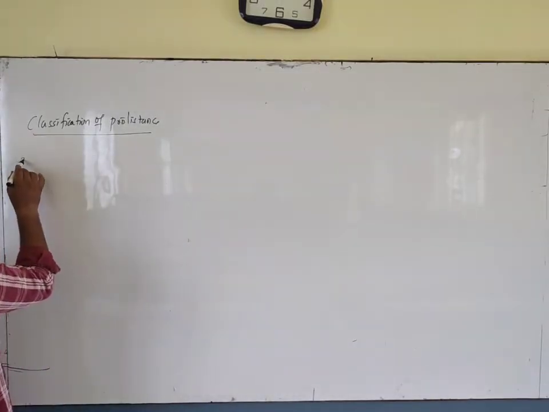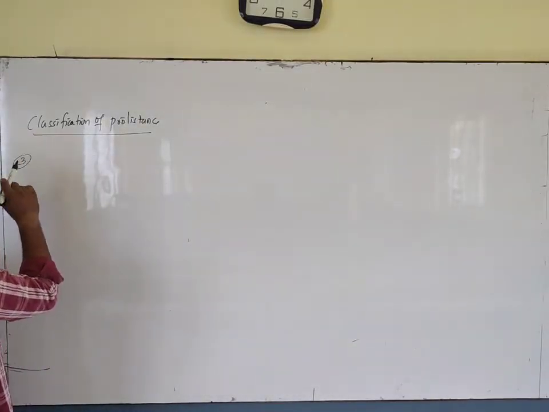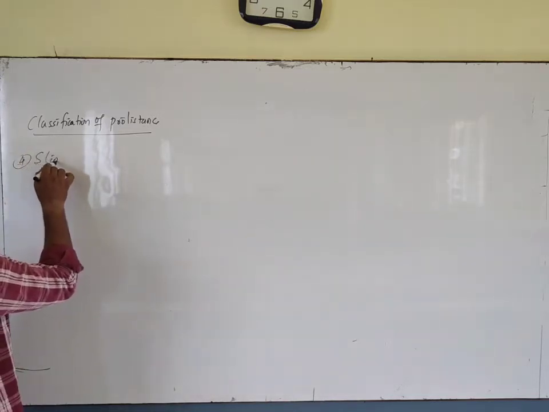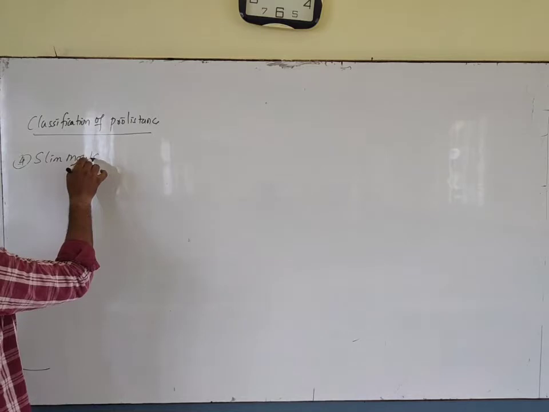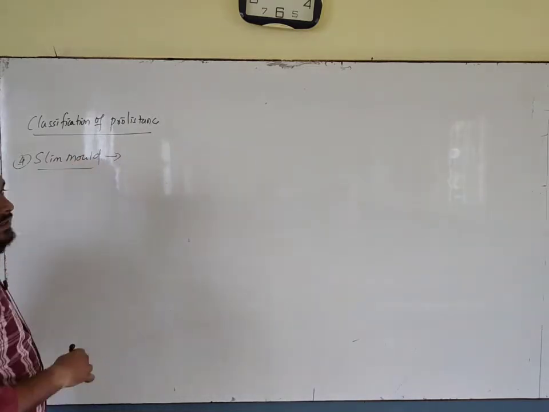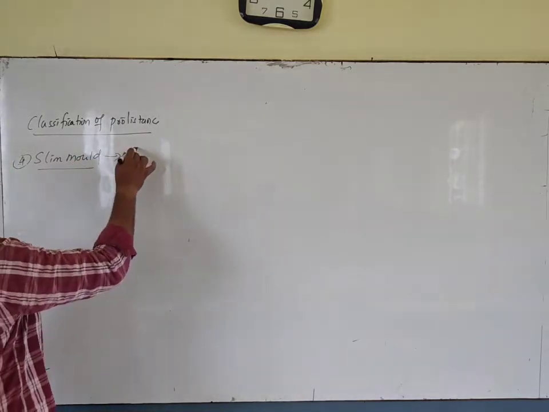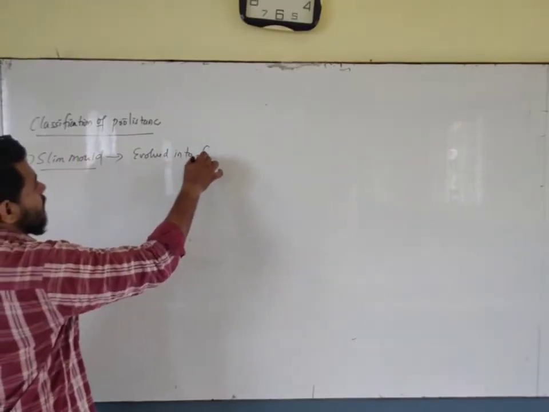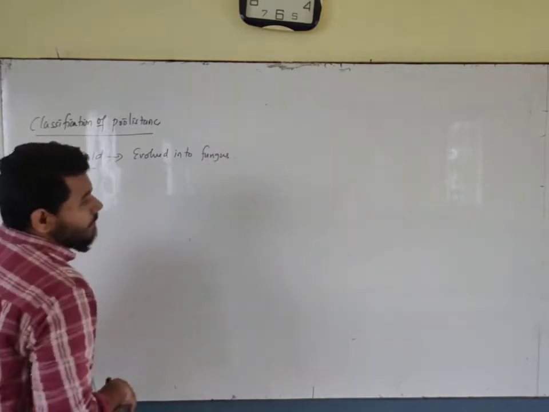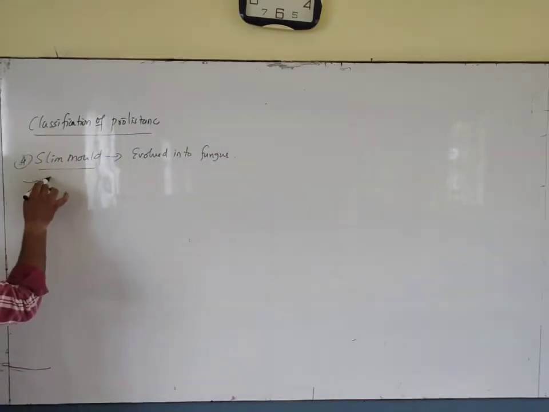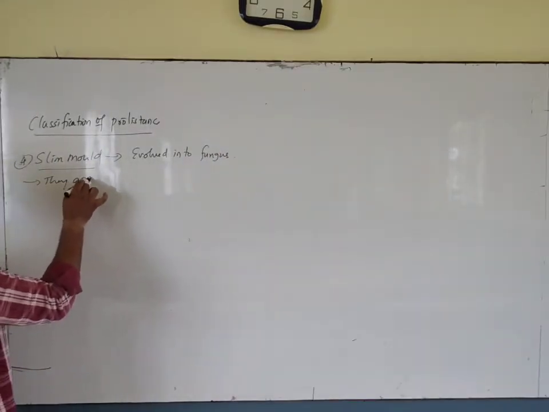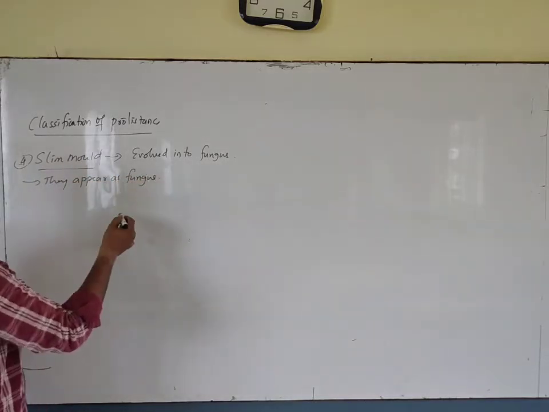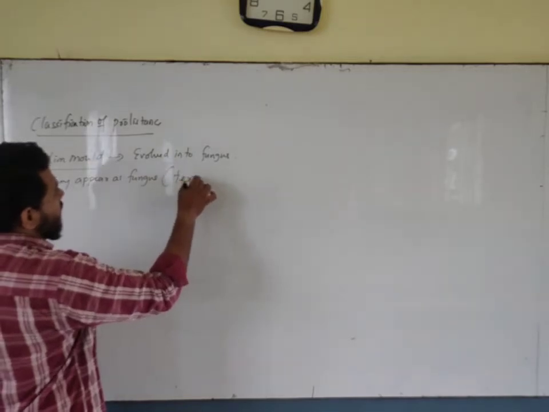Next, the fourth one, slime molds. So it's stated that they evolved into fungus because they appear as fungus, means they are terrestrial protists.